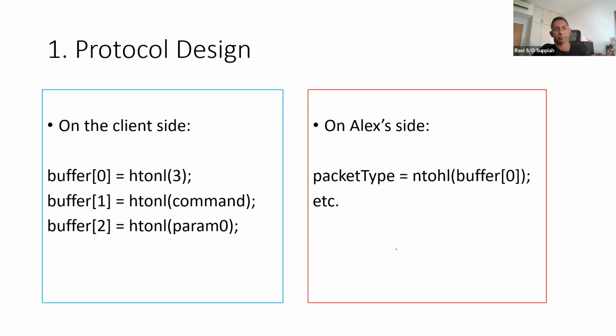For example, on the Alex side, on the client side, when you are trying to send data over to the RPi, you populate a buffer with all the data that you want: the first byte, the command byte, the parameter, and so on.